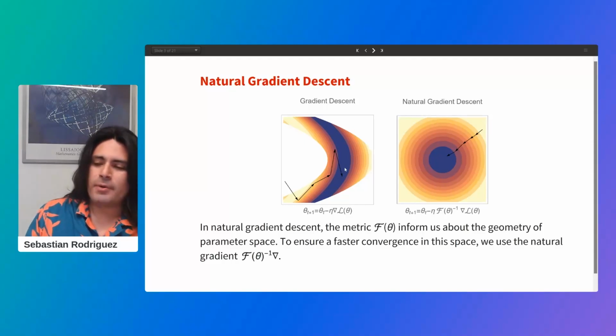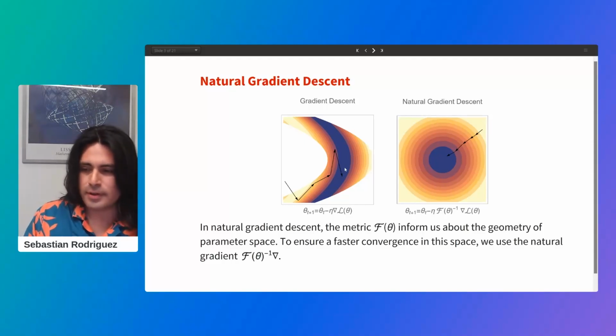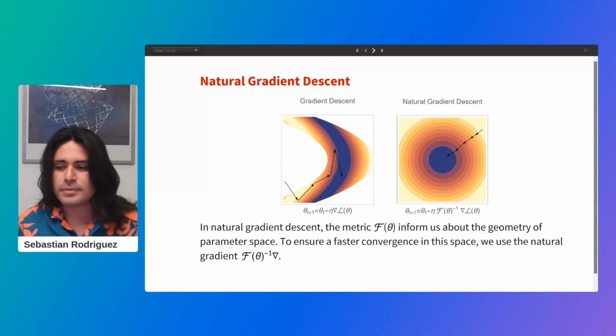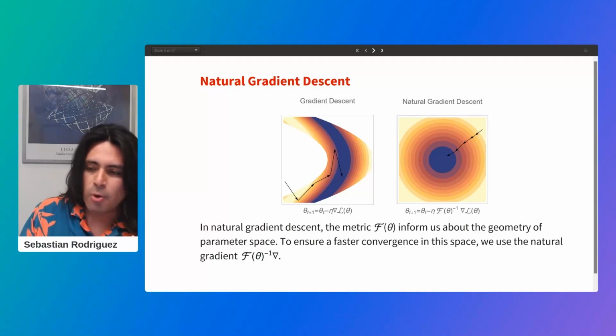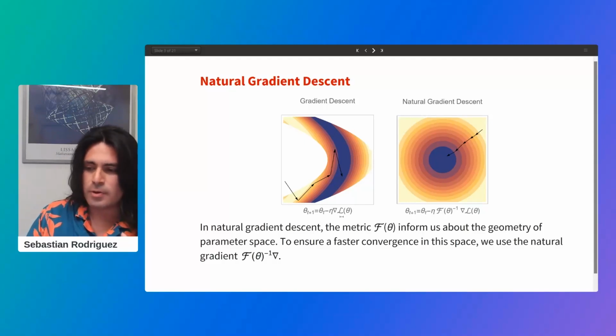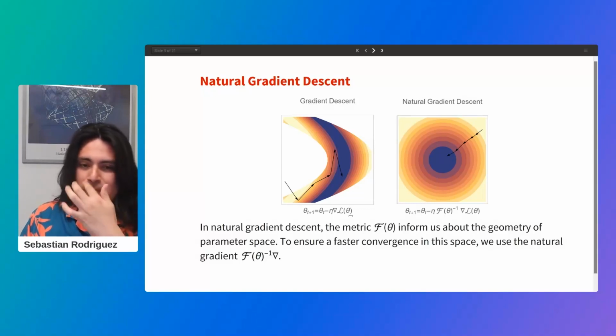So what's the difference between the regular gradient descent and the natural gradient descent? When we're working with the regular gradient descent, we assume a flat or Euclidean parameter space. The step, as you can see here in the equation, is given by the learning rate eta and the gradient of our cost function. So the algorithm won't take into account the geometry intrinsic to the cost function, which would lead to an efficient search of a minimal value.